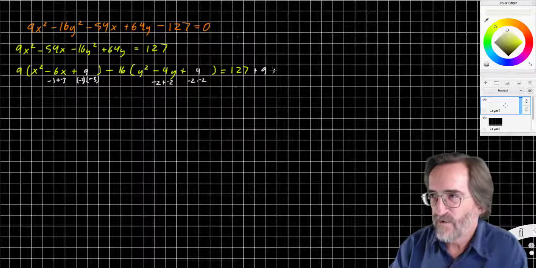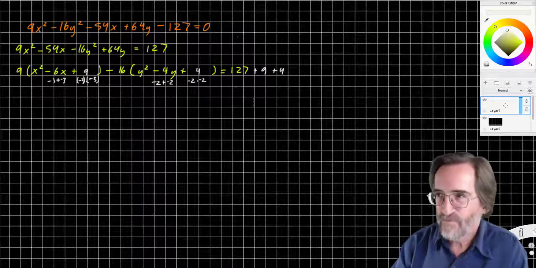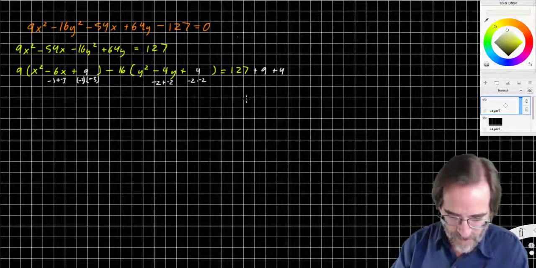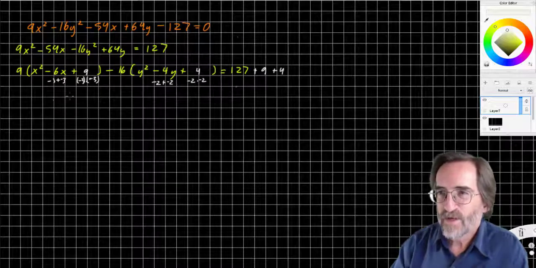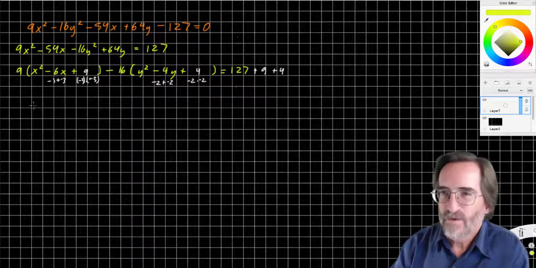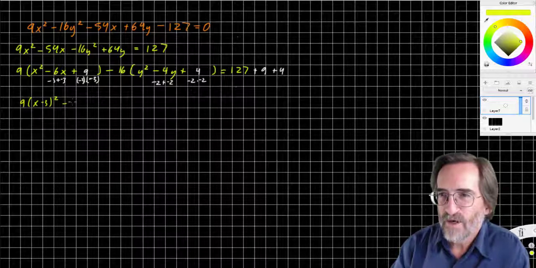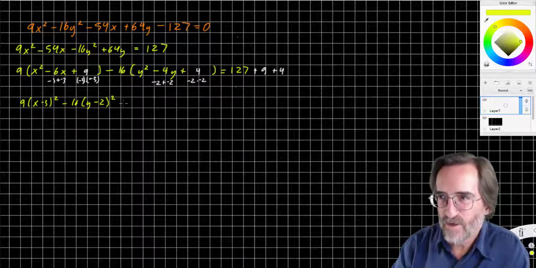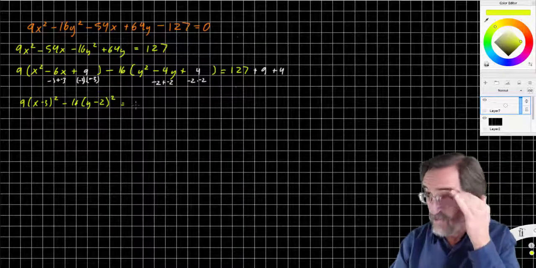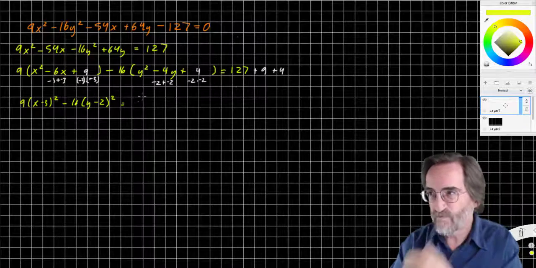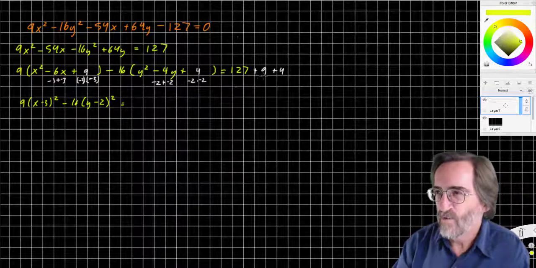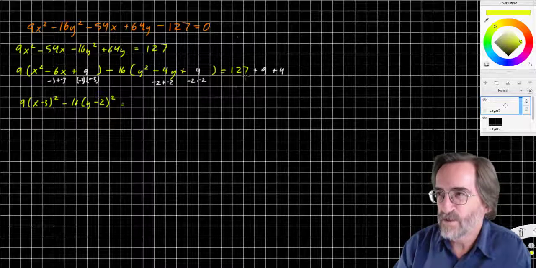So we're going to add 4 to both sides here. And let's see what we get. This is 9 times (x minus 3) squared, minus 16 times (y minus 2) squared equals 127 plus 9 plus 4, or 127 plus 13 is 140.